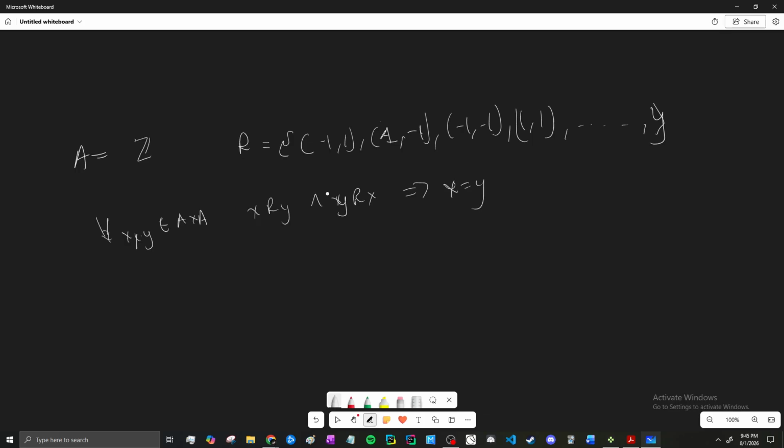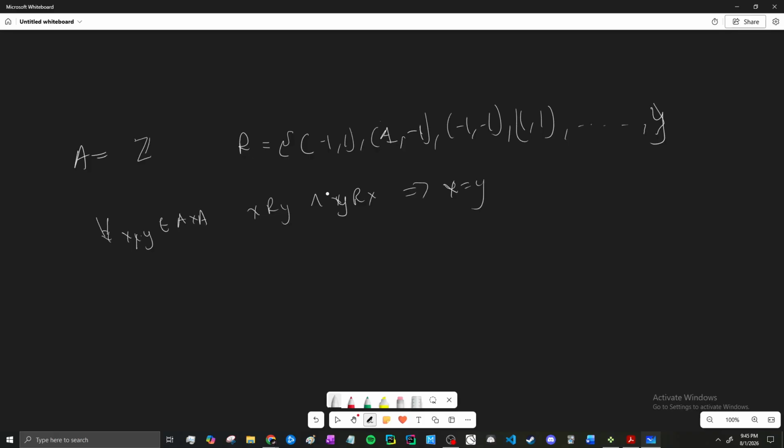So let x equal negative 1 and y equal negative 1, right? They are the same, and they always will be the same, correct? That is true.